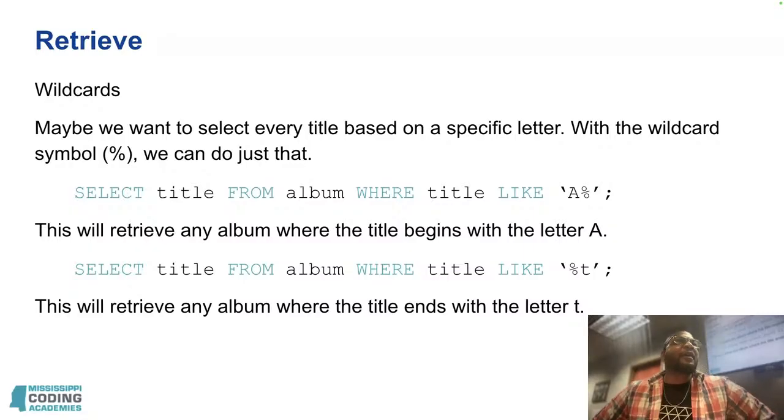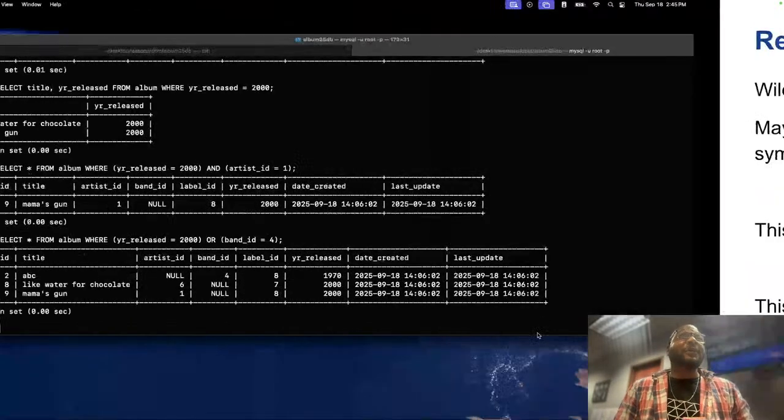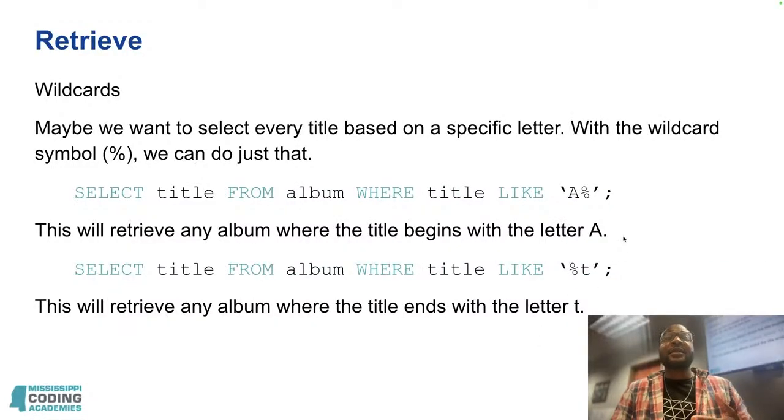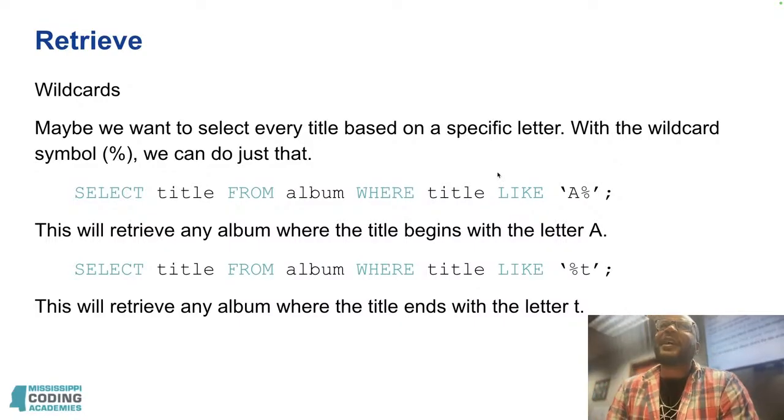So, I want to get data where the title begins with the letter A. What we need to do is use the LIKE keyword, and sometimes this trips me up because I want to use equals, but we use LIKE.